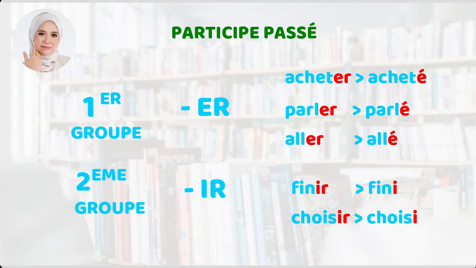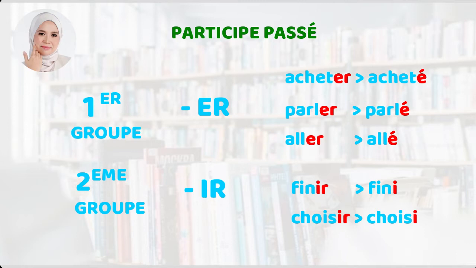If this is not within your knowledge, please refer to my clip entitled French Verbs. Okay, so there are of course 3 groups of French verbs. You have regular verbs, which are the first and second group of French verbs. The first group ends with ER, the second group ends with IR, and the third group are irregular verbs. Okay, so we'll look at the first and second group.